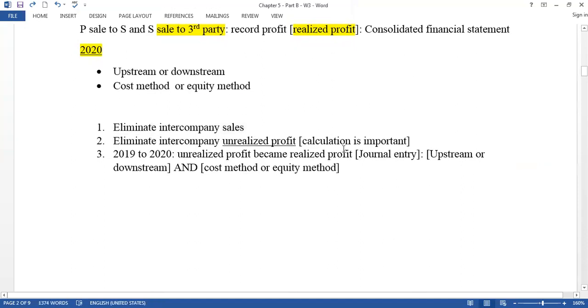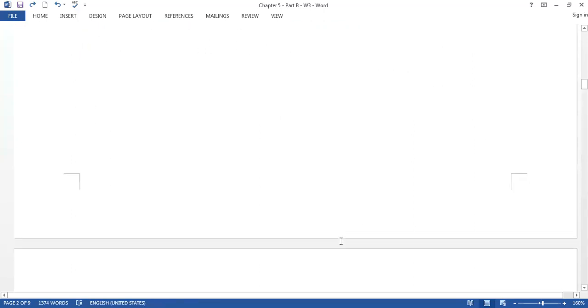Then we have to calculate whether we have any unrealized profit or not within the affiliated group. If we have any unrealized profit, we have to eliminate it. Now, calculation is important. If you don't know how to calculate, then you will make a mistake.